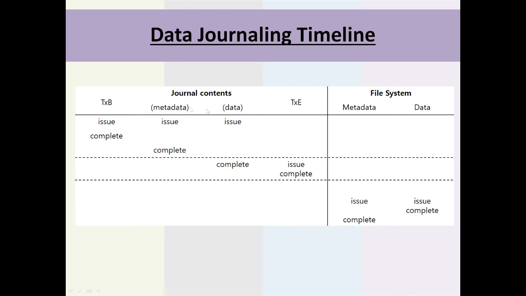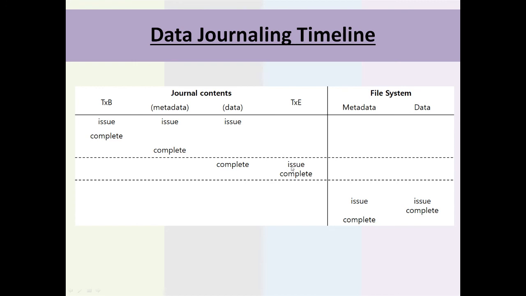And these can be completed in any order. It doesn't really matter. However, what is important is that the write of the transaction end, or the TXE, must not be issued until the previous writes complete. So until TXB, metadata, and data are completed, the TXE cannot be issued to be written yet.